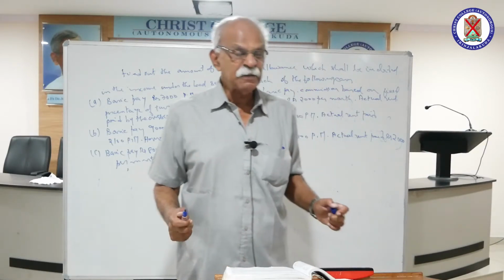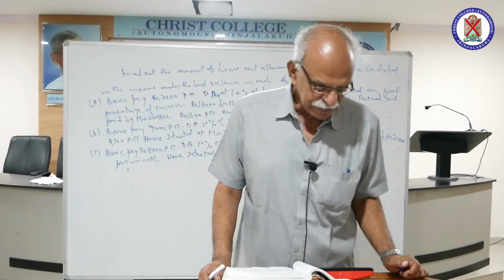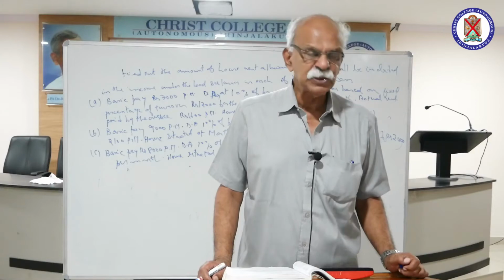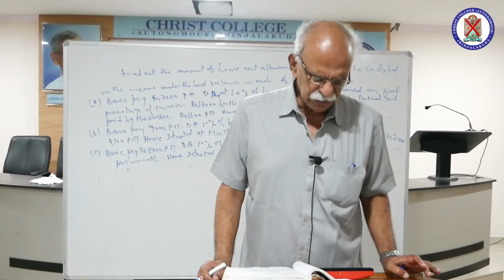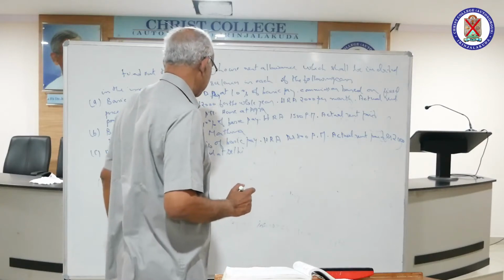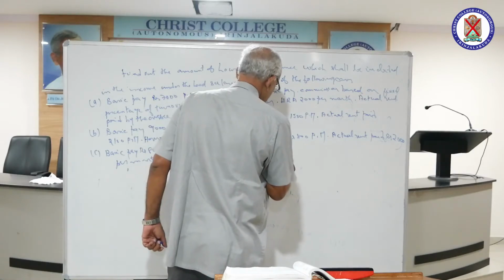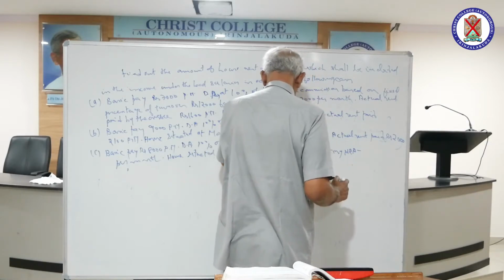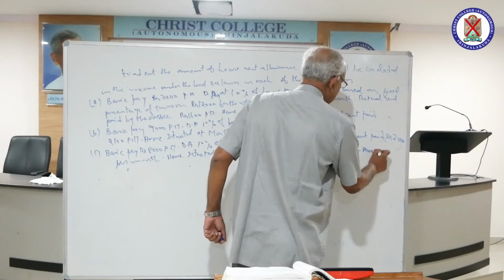Here also, for calculating the exempt amount of HRA, basic salary is 8,000 per month, and DA 10% of basic pay will not be included. There is no commission given. So salary for calculating HRA is 8,000 into 12, which is 96,000.